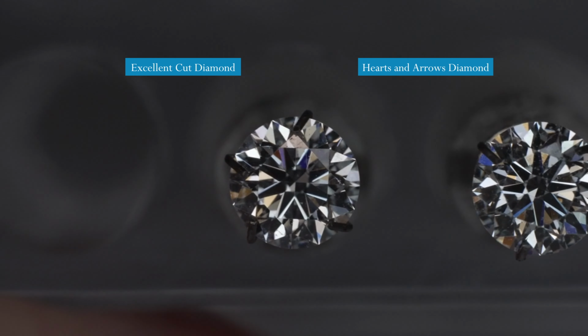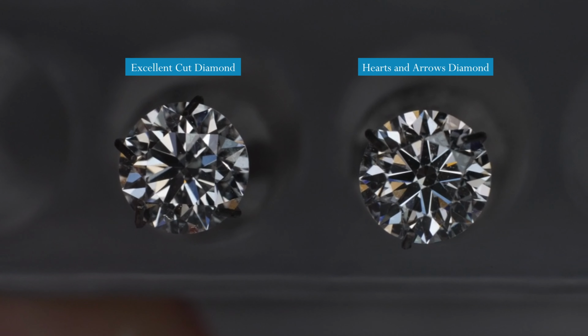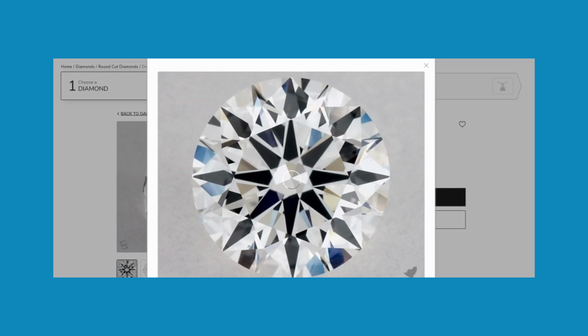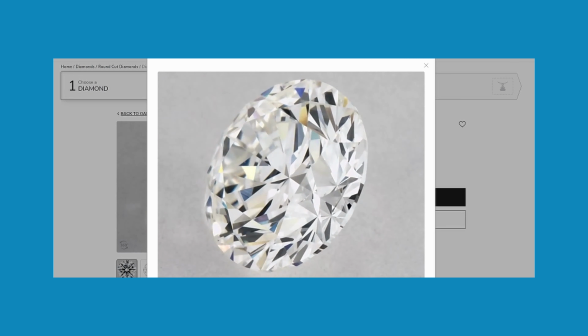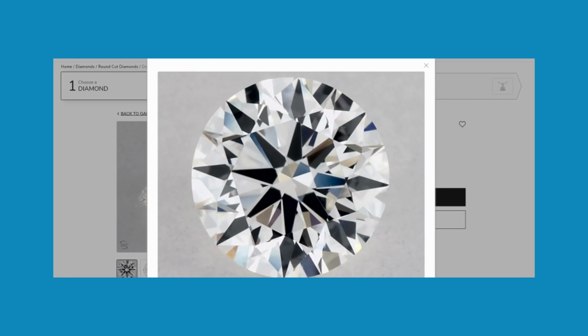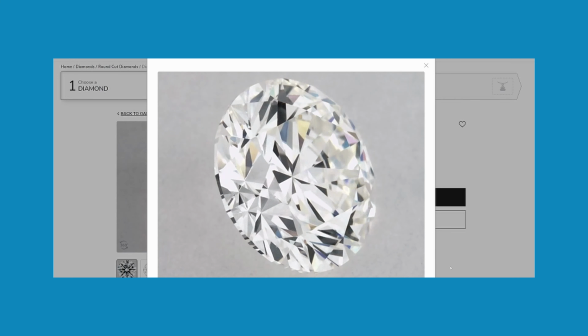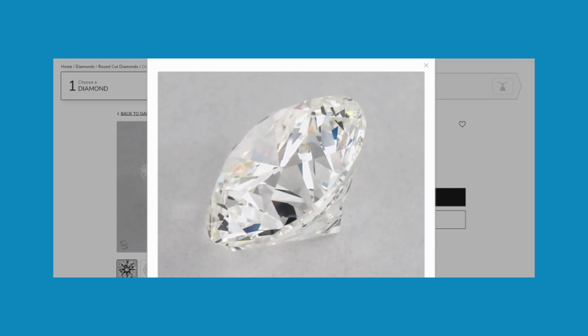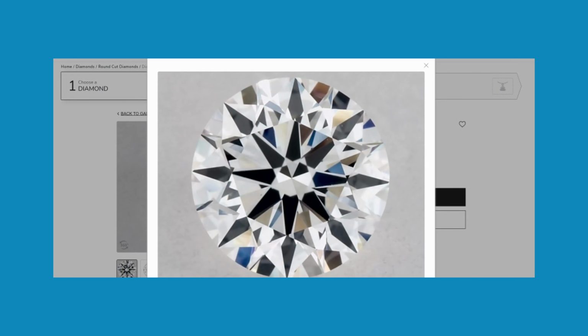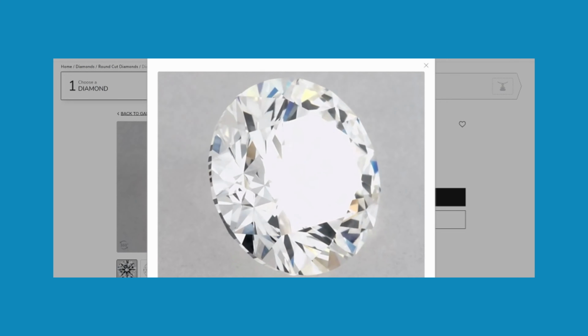Also, if you look at them directly from above, the excellent cut has the arrows ever so slightly off alignment, where the inner arrows connect to some of the outer arrows. And you don't just see this under my ASET scope, you can see this online too when the pictures are directly over the diamond and you align them that way. So hopefully you can tell when comparing the two that there is a slight difference between the excellent cut and the hearts and arrows. Does it make a ton of difference in the sparkle?